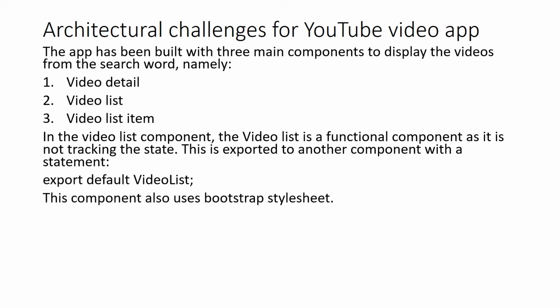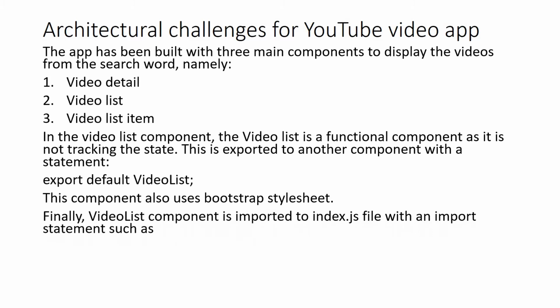This component also uses the Bootstrap style sheet. Finally, the video list component is imported to the index file with an import statement, such as import VideoList from the current directory, and within the current directory the components folder, and then the video_list file.